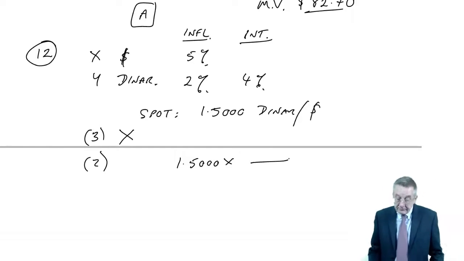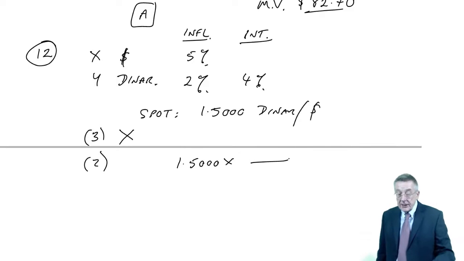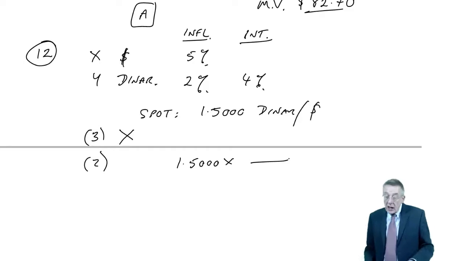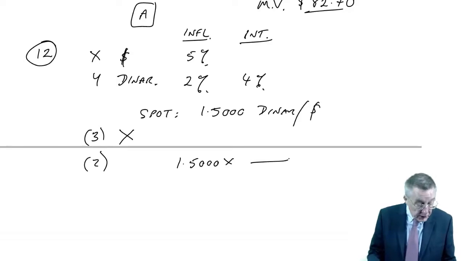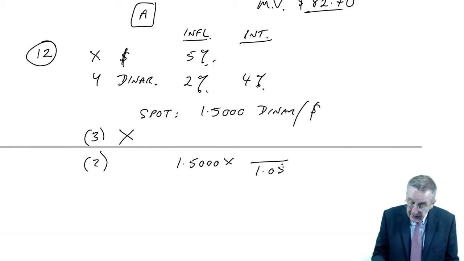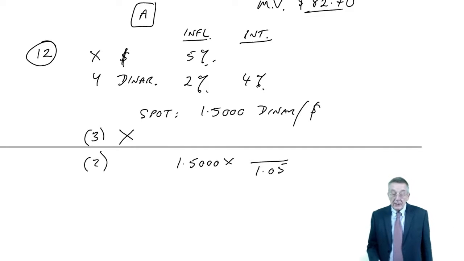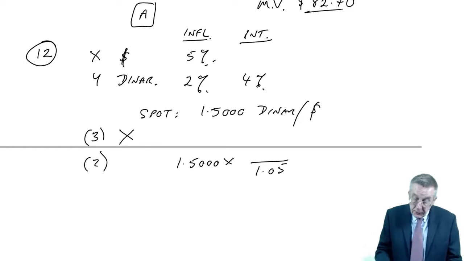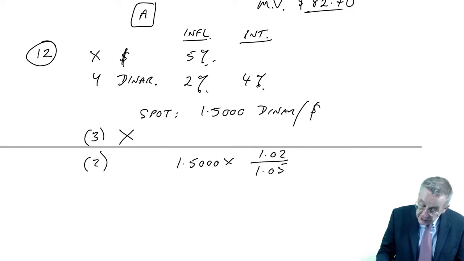Here, because the exchange rate is quoting dinars per dollar, dollar is what you might call the base country, where the inflation rate is 5%. So 1 plus inflation, 1.05. The other country is dinar, which is Y, where the inflation is 2%.